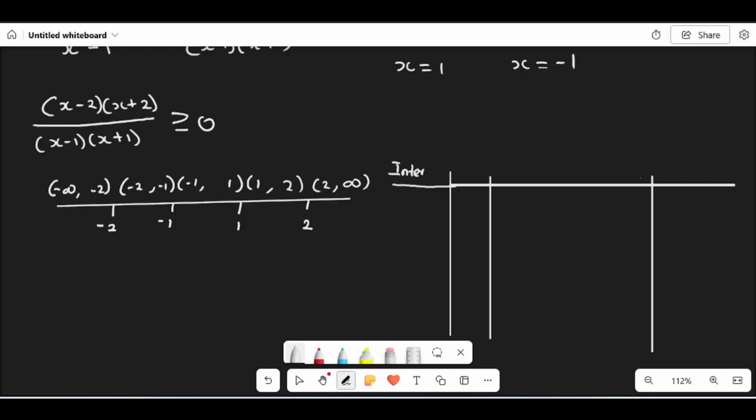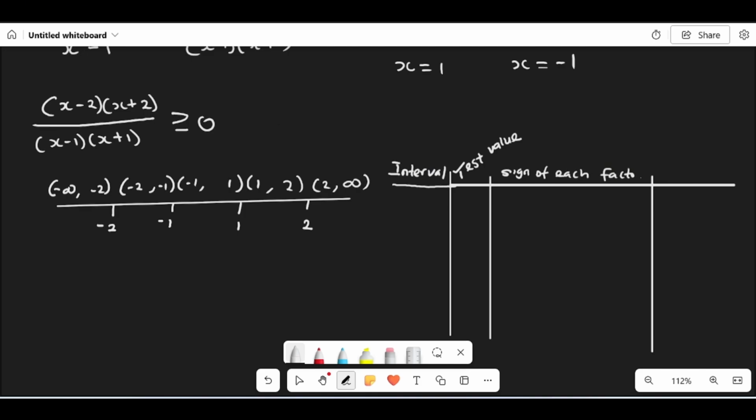Interval, our test value, and the sign of each factor.